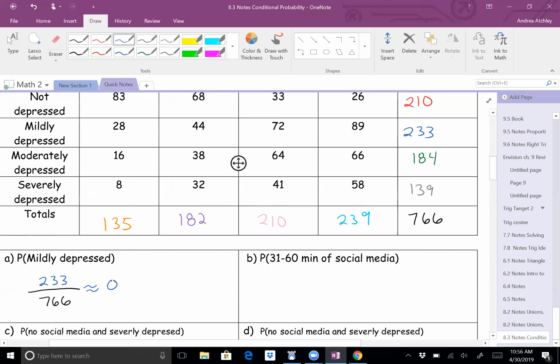So that gives me 0.304. The 4 does not make me round up. I move my decimal over twice and I get 30%. So 30% of the people I surveyed said they were mildly depressed.